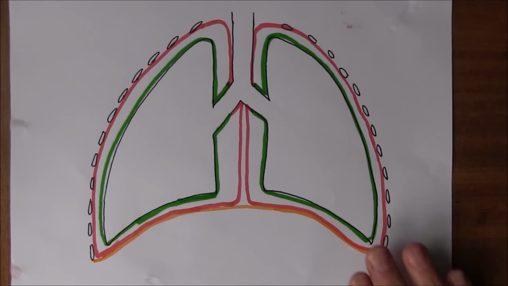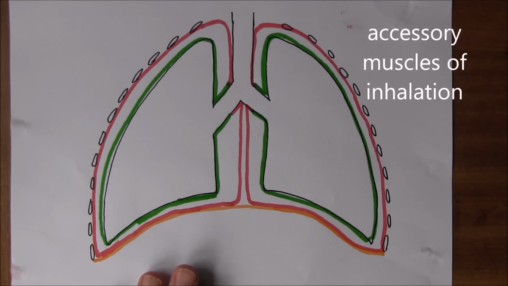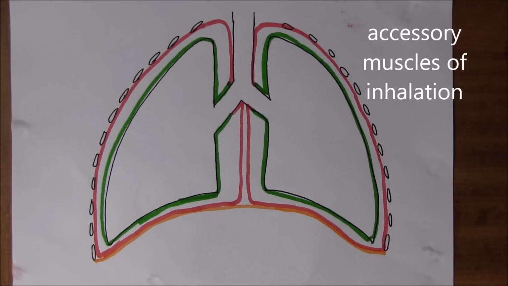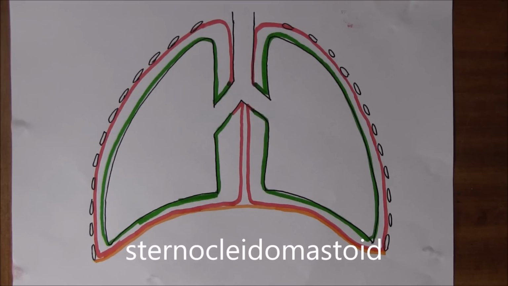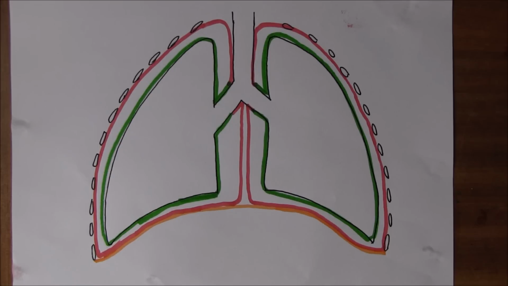Now, if there's vigorous breathing going on, if there's exercise going on, what are called the accessory muscles of respiration also take part to inhale, to increase the efficiency of inhalation, to make more inhalation happening. So there's the sternocleidomastoid muscle, which will contract, pulling up the sternum.